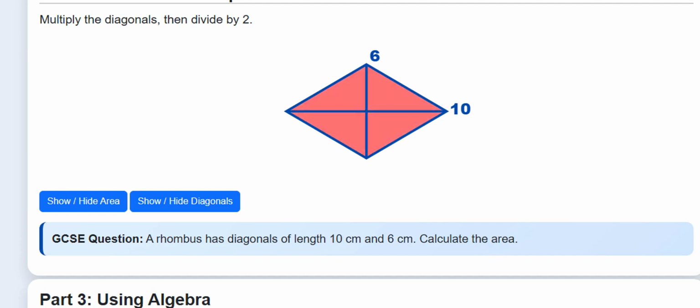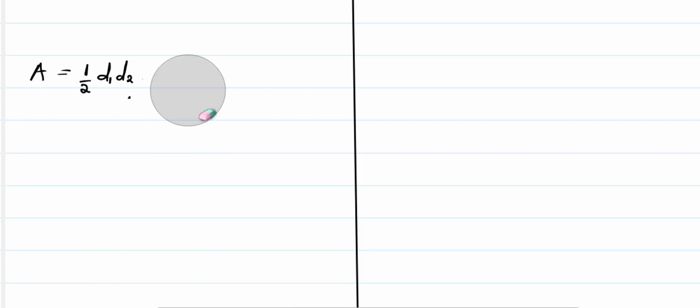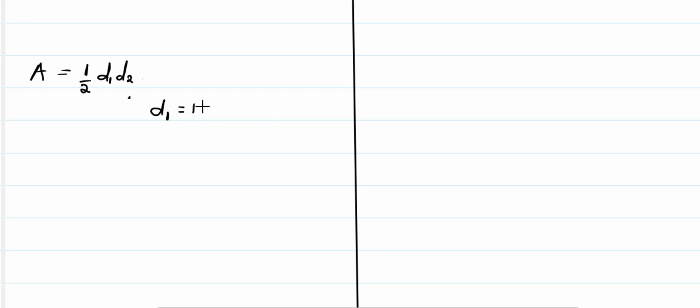So to calculate the area of this rhombus, we need to use the formula where we said area of a rhombus is half d1 d2. But we already know d1 is 10 centimeters and d2 is 6 centimeters.